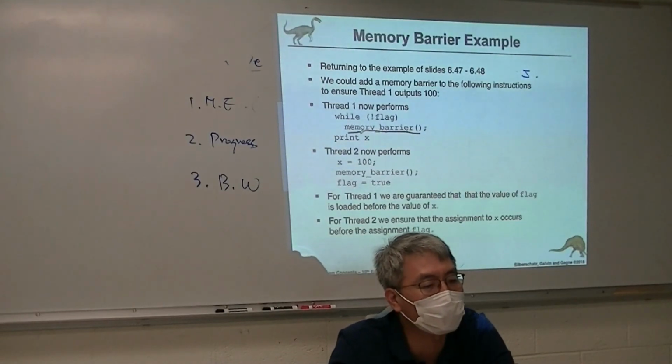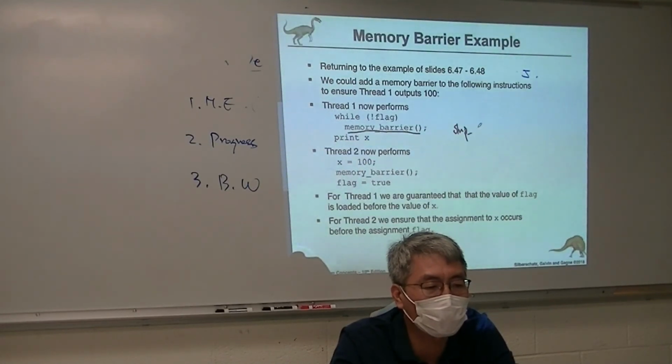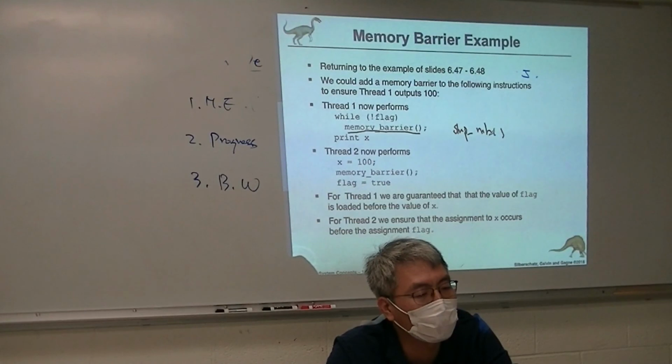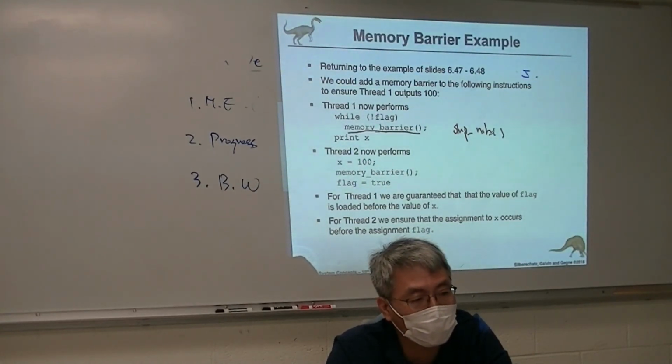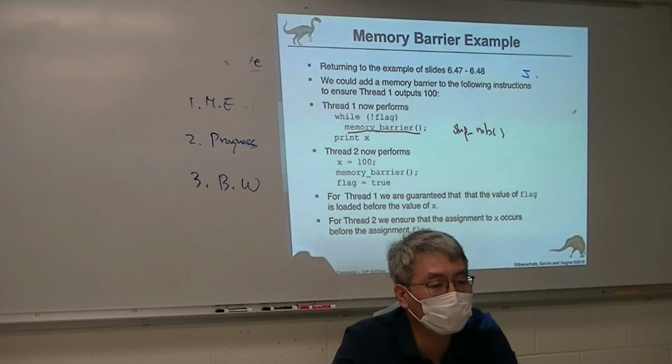So we can use such a memory barrier, for example the Linux system uses the SMP underscore MB instruction. This is a memory barrier used in Linux or Unix systems and so on. But each operating system and each manufacturer nowadays provides such a memory barrier.